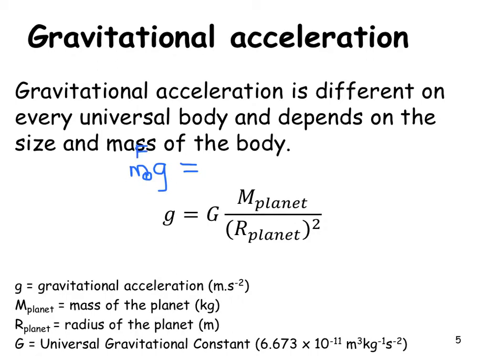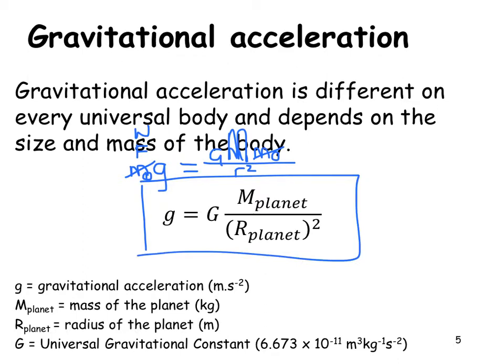Force was weight, and that was equal to G m1 m of the object, divided by the distance between the two objects. Now, if I'm talking about a planet, we could say the mass of the planet and the mass of the object. Notice that the mass of the object cancels out, and I'm left with the fact that the gravitational acceleration on any planet is equal to G times the mass of that planet divided by the radius of that planet squared.